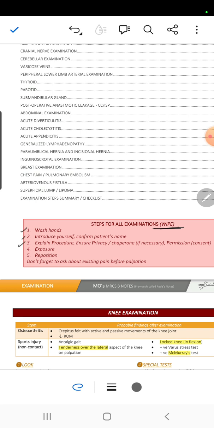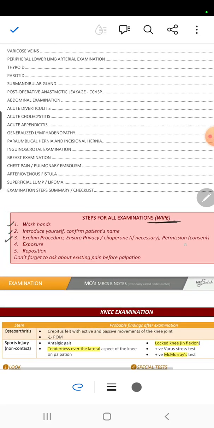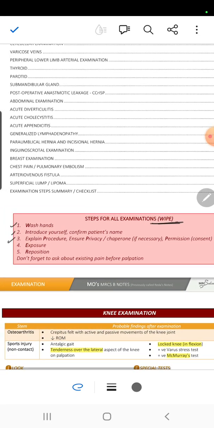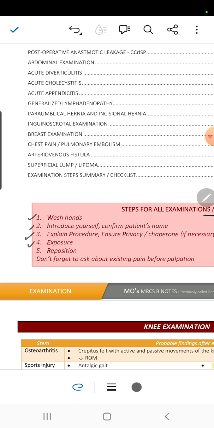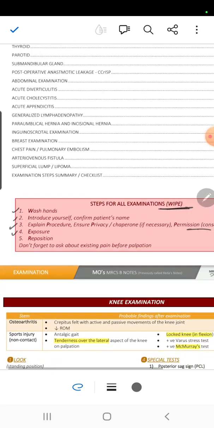Ask for a chaperone if necessary, and also take permission, consent, and expose the relevant area, the limbs or whichever area you have to examine. After the examination, it is very essential to reposition the exposed area. And lastly, ask about painkillers or any sort of discomfort before starting the examination.